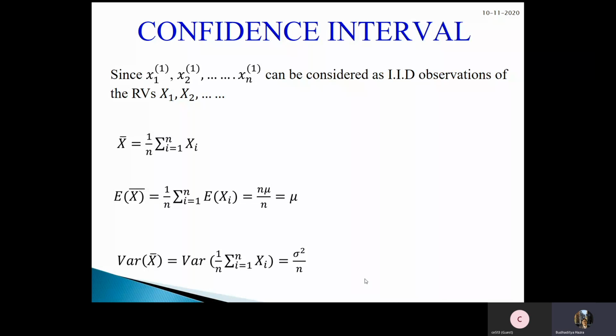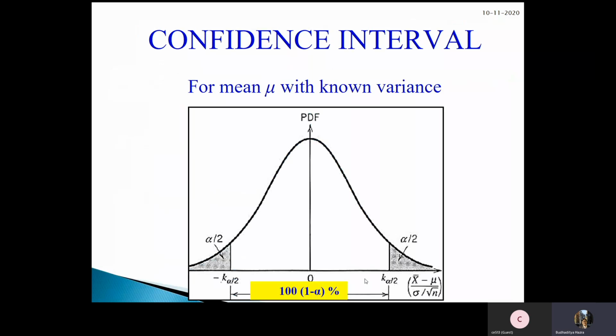Now with this background in mind, sometimes the question we ask is, for mean mu with known variance, can we find the confidence interval? Now what is a confidence interval?